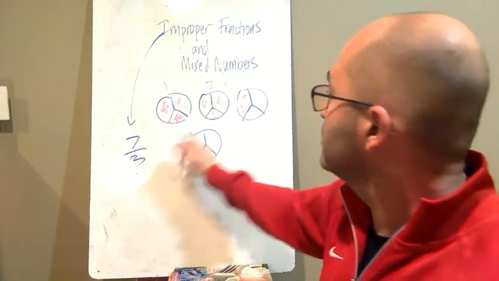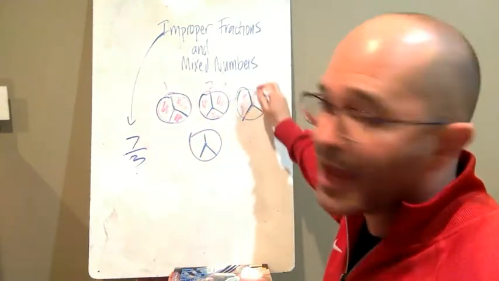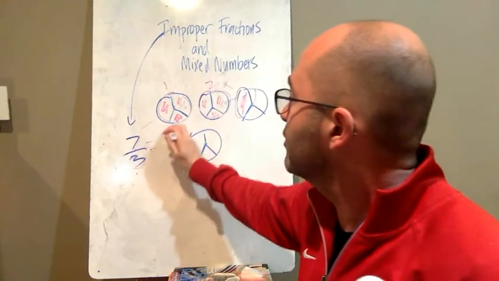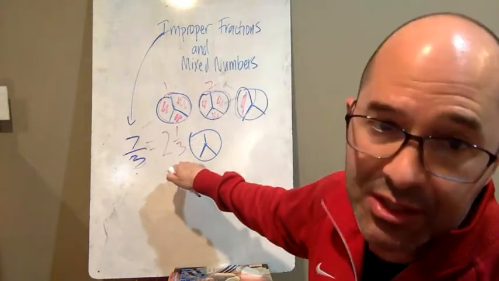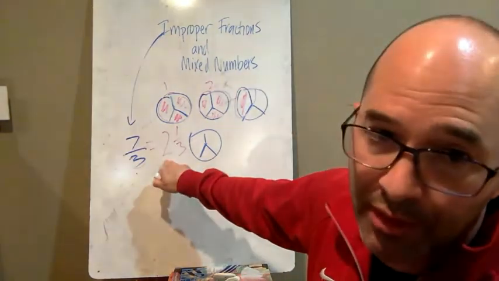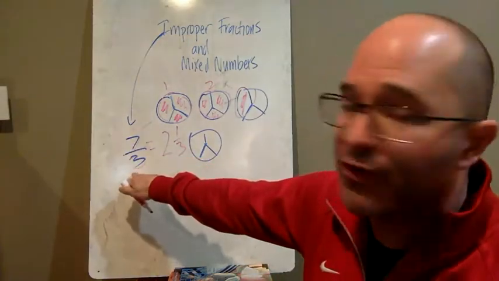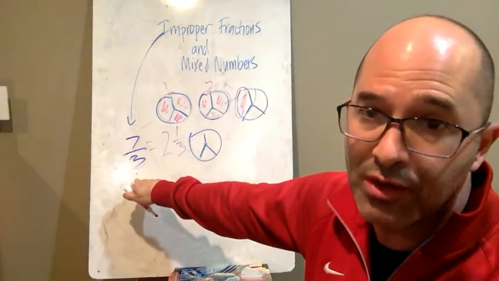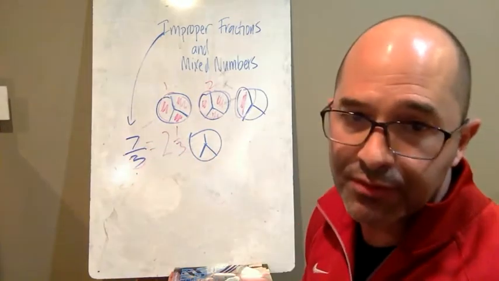So 7/3 is the same as 2 wholes and 1 extra third, or 2 and 1/3. That's the mixed number because it's got a whole number and a fraction. This is the improper fraction, improper because the numerator is greater than the denominator.